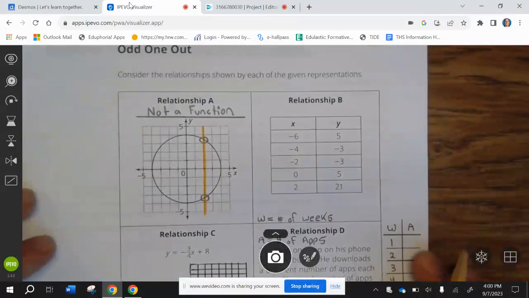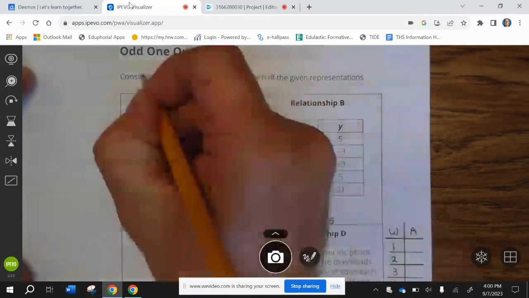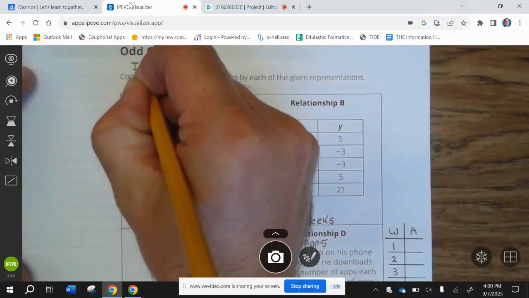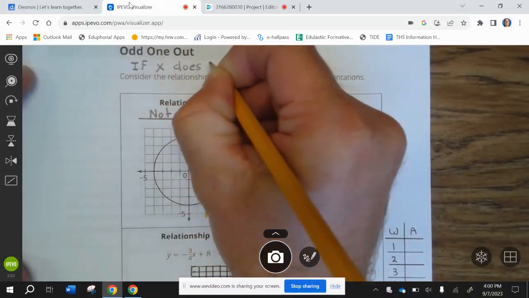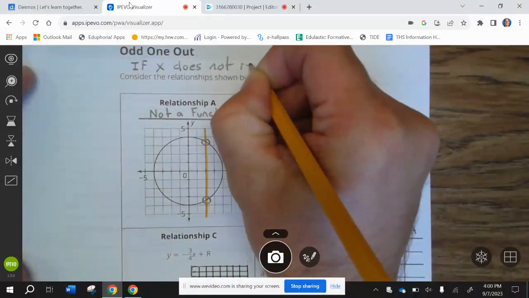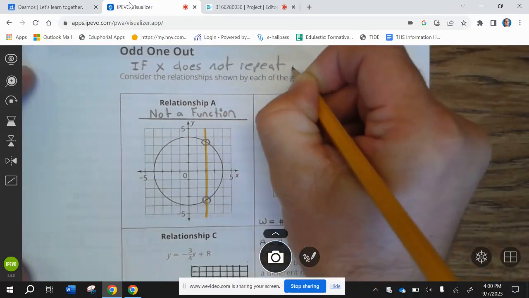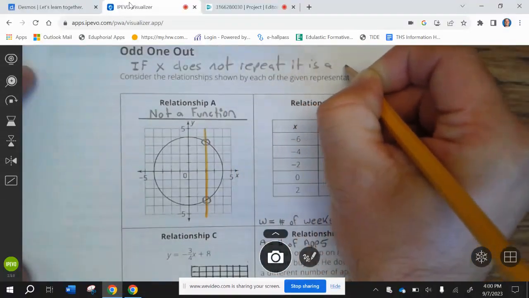Okay, so now let's look at relationship B. If x does not repeat, it is a function.